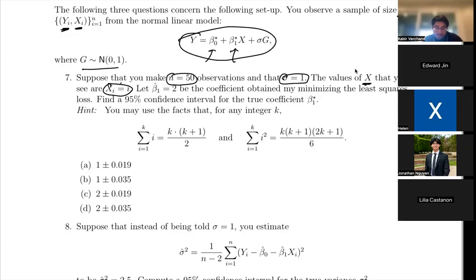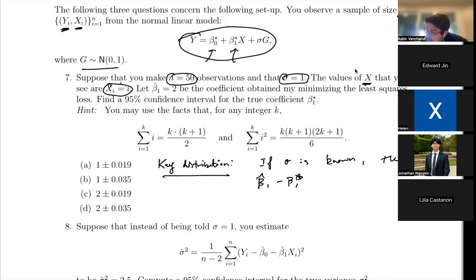Okay, so the key distribution here is that if sigma is known, then beta hat 1 minus beta 1 star is equal to sigma over the square root of n times the empirical variance of x, times a standard Gaussian.